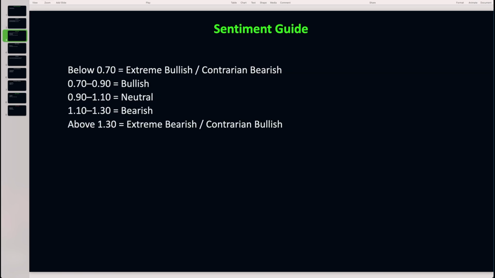So let's go into the levels that matter here. Before we go into that, it gives you an idea of what the crowd psychology is. The important thing to understand is that the put to call ratio is typically used as a contrarian indicator, to see where tops and bottoms are and go the opposite direction.